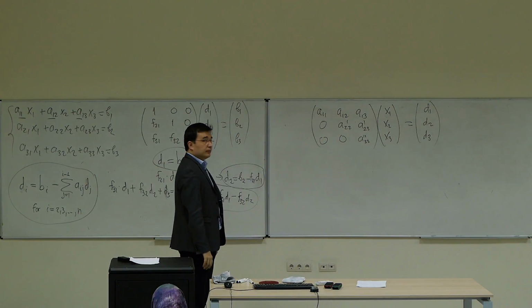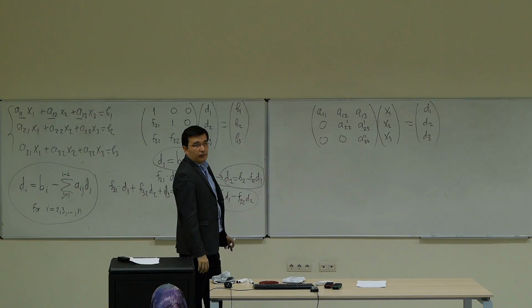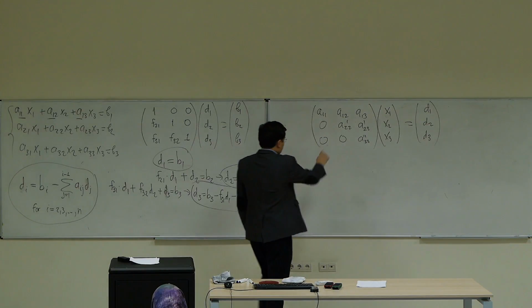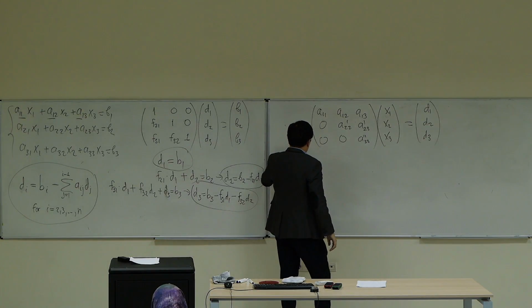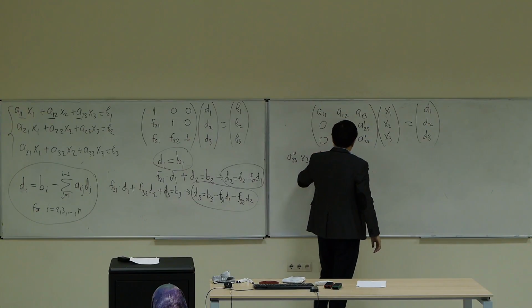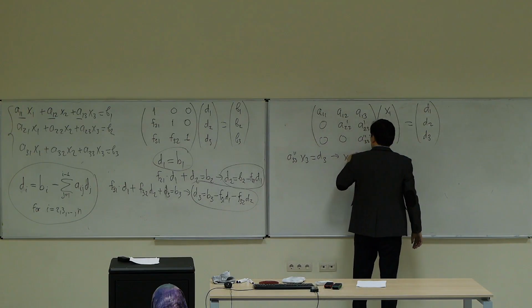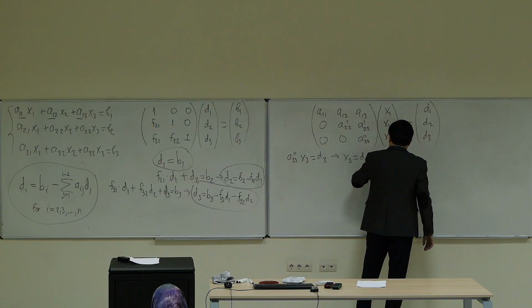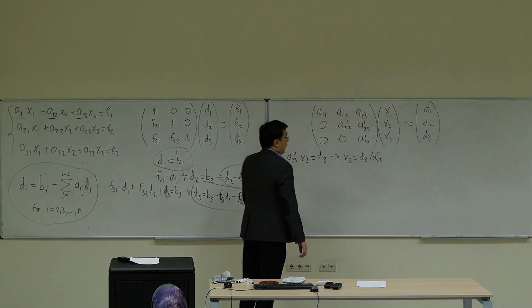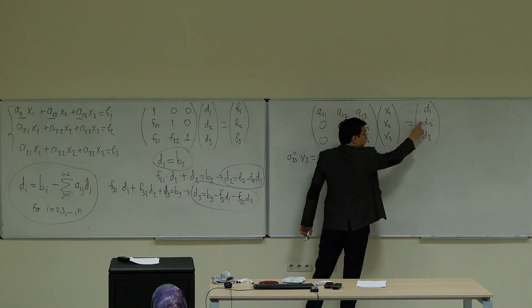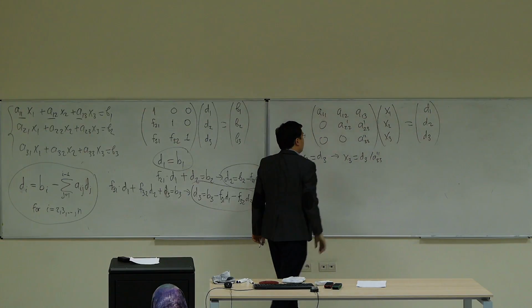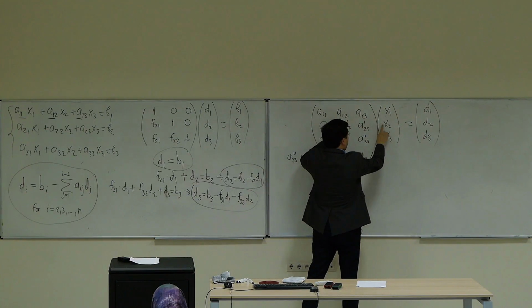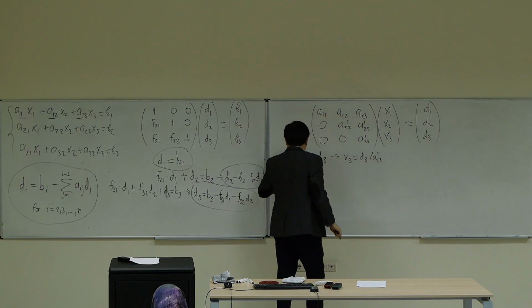So how do we solve it? Exactly. A3,3 double prime x3 is equal to d3. From this, x3 is of course this one. Very good. Now, I equate this element to the corresponding element on this side, which will be this multiplied by this plus this multiplied by that.